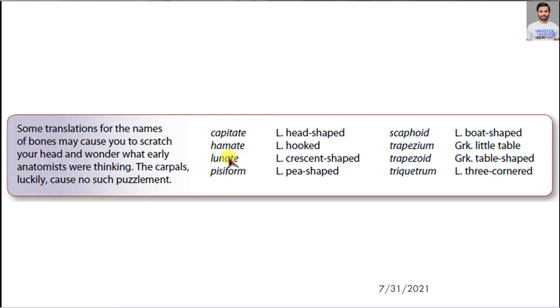Lunate, lunar means moon, so it is crescent shaped, moon shaped. Pisiform is a small bone and it resembles a pea, so that is the reason it is called pisiform, or pea-shaped bone. Scaphoid is boat shaped. Trapezium is little table shaped. Trapezoid is again table shaped, and triquetrum is three cornered. So triquetrum has three corners.